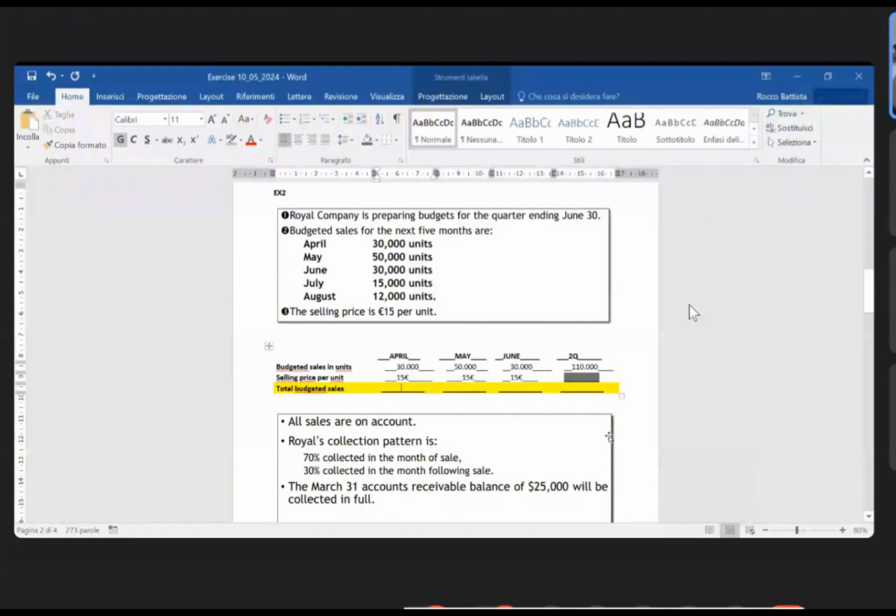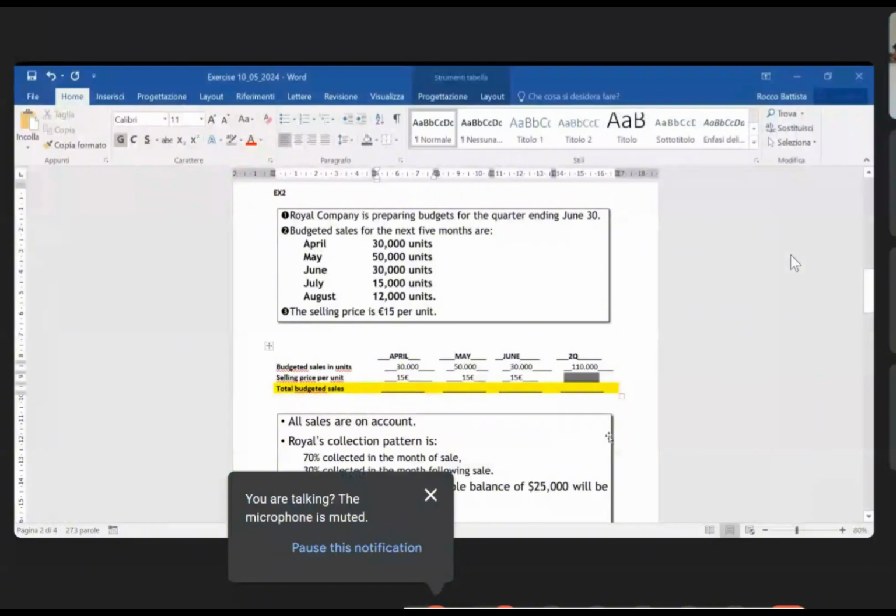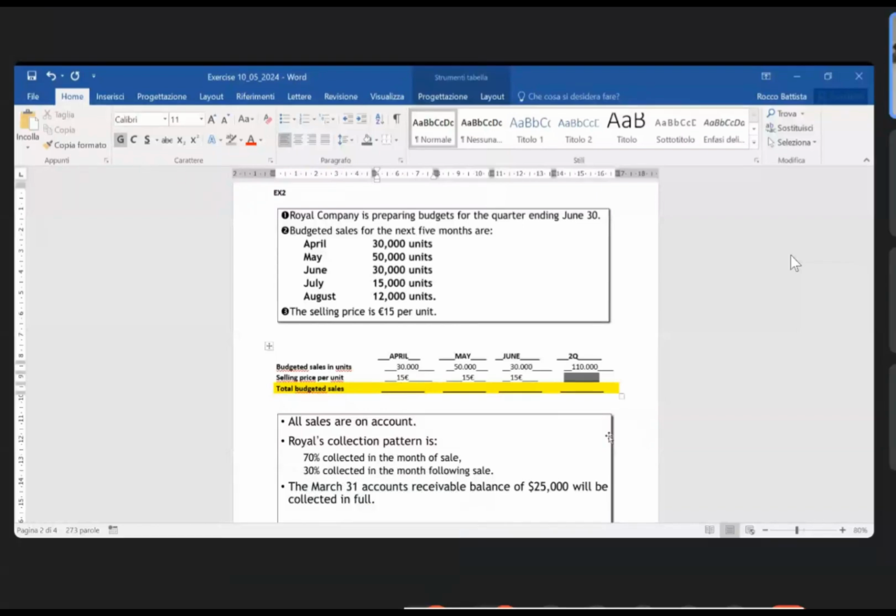Total budget sales. What do you need to do? Someone remember? Yes, sir. We will multiply budgeted sales with the selling price per unit. Yes, that's very good, very simple. Just multiply.